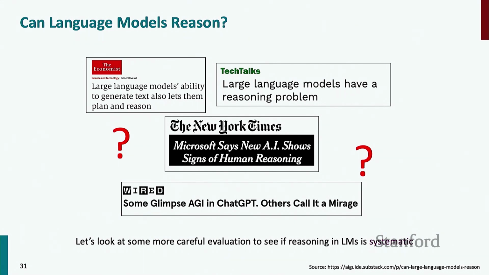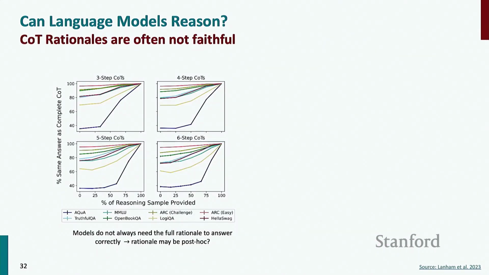But maybe the way to answer the question correctly is to be more systematic, come up with counterfactual tasks, and be very careful about possible data contamination. And I'm going to show some results around that. So we started the lecture with chain of thought. And maybe the first question to ask is, are the rationales that the model produces with chain of thought faithful?